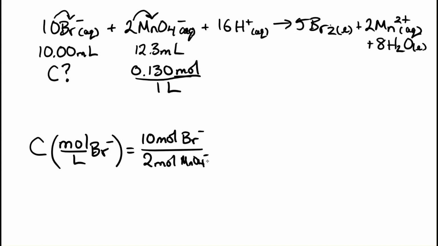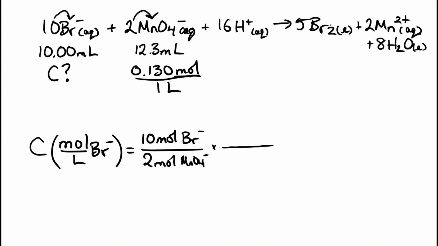And yes, I get that this is a 5-to-1 ratio, but we're going to keep 10-to-2. That's fine. In unit analysis, you cancel out the units you don't want in order to keep the units you do want. So we don't want moles of permanganate. Let's cancel that out with something that has moles of permanganate.